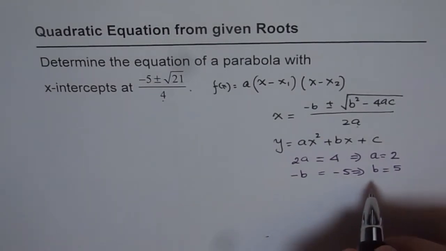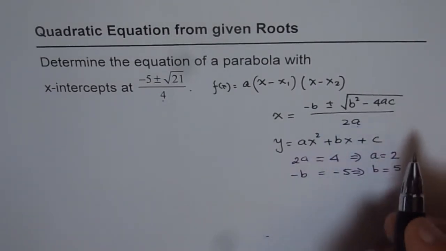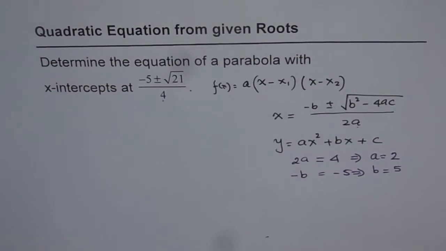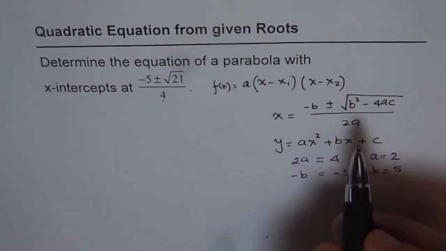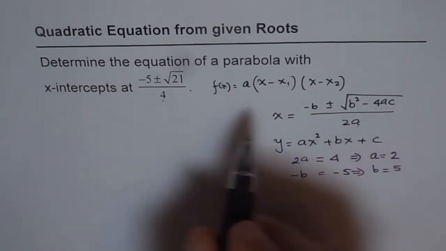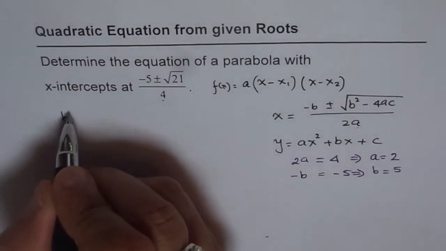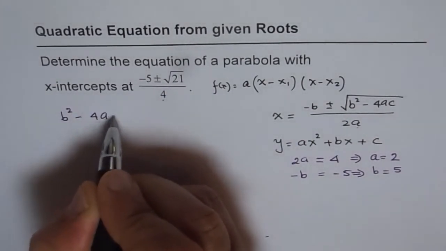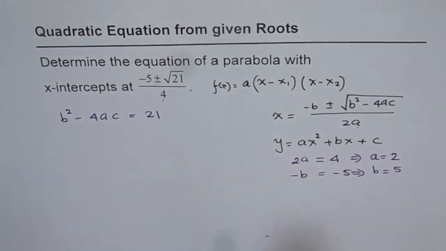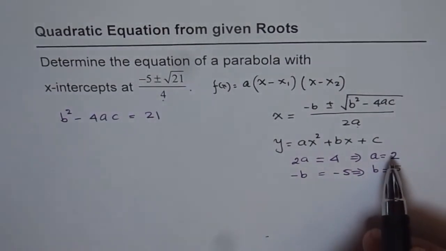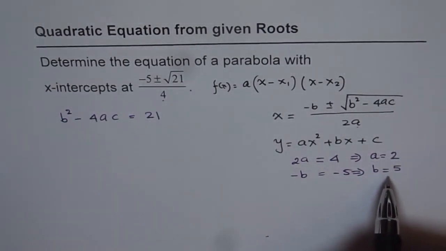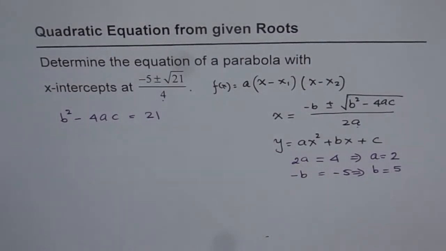Now to find c, we have to do some hard work. That is the hardest work you are required to do in this particular question, right? So we have b² - 4ac as 21. So let's write down b² - 4ac = 21. And now we know what a and b are, so we can plug in those values here and find c, the only unknown.